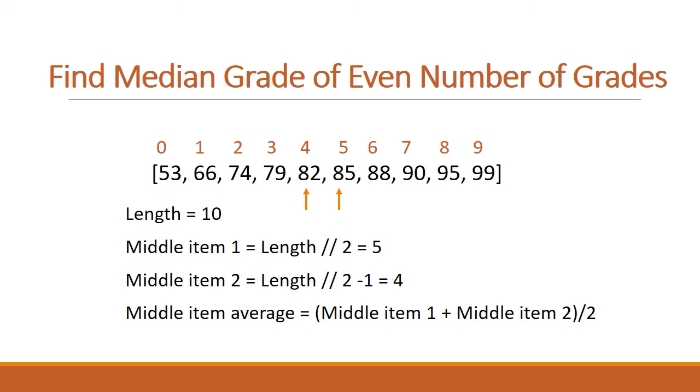The second middle item is equal to the length div 2 minus 1. So the indexes of the middle 2 items are 5 and 4. So we want to average those 2 grades. So we take the 85 and we add it to an 82 and divide it by 2.